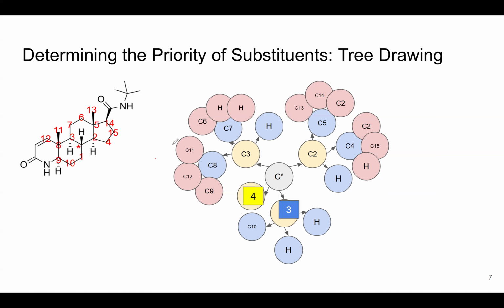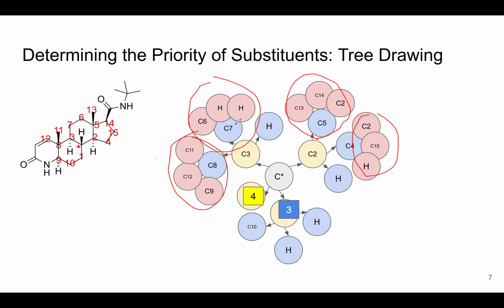So we're going to take this and compare it against the heaviest or most prioritized group here. Here we have carbon 5 that's connected to three other carbons. Three other carbons triumphs over two carbons and one hydrogen. So when we compare these two, we don't notice a difference. But when we compare the second heaviest, which is CHH versus CCH, we find that CCH is heavier.